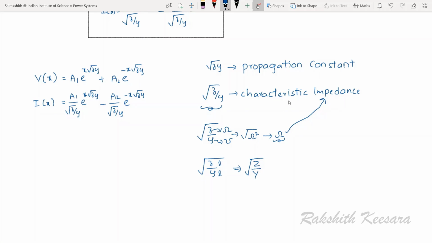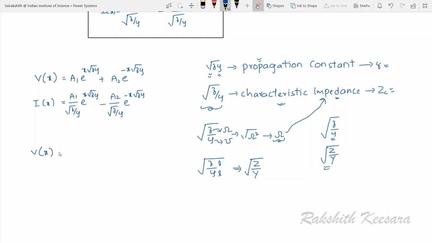So while calculating the characteristic impedance, we can either take per unit impedance and admittance values or total impedance and admittance values. But while calculating propagation constant, we should take per unit impedance and admittance values. Keep this point in mind. The propagation constant is denoted by gamma and we denote the characteristic impedance by ZC.